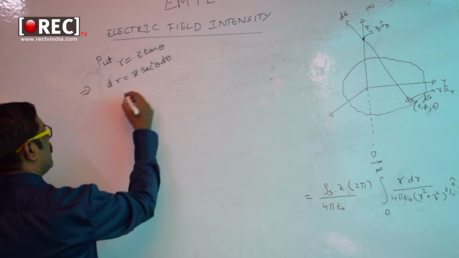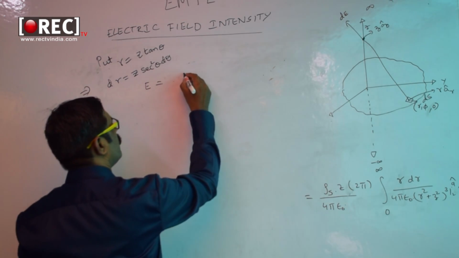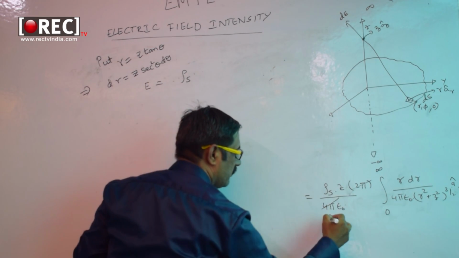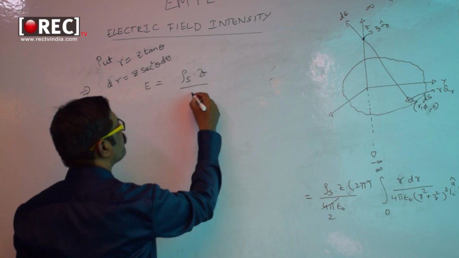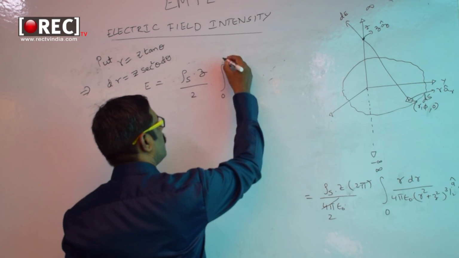So that I can replace it with simply E is equal to rho s into, so 2 pi and 4 pi get cancelled, you are having 2 here, rho s into z by 2 into integral 0 to pi by 2.